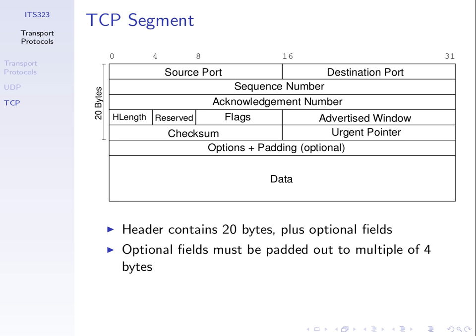We send that to B, assuming everything's okay. B receives it, and B chooses its own initial sequence number. So we'll continue our diagram.